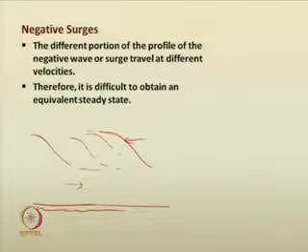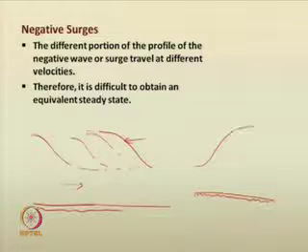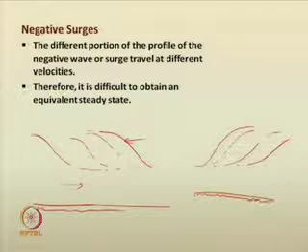Or you can have a negative surge in the same way, propagating from upstream to downstream, but the depth of flow will be decreasing. After some time it goes like this. So, this is also a negative surge. The surge velocity is V w and the flow direction is also like this.